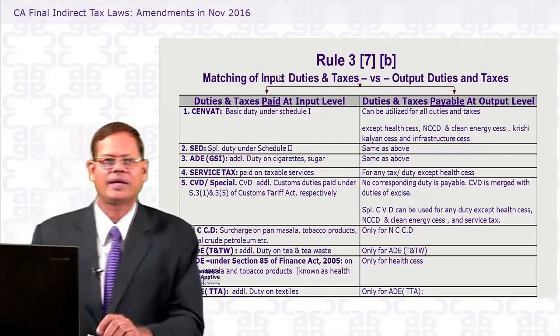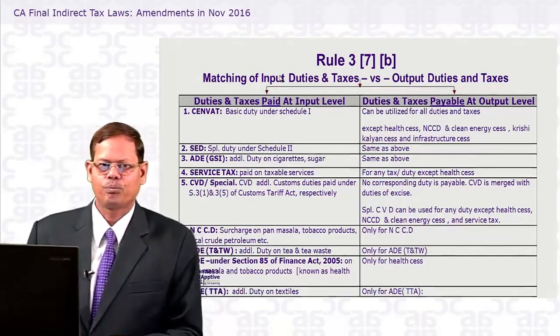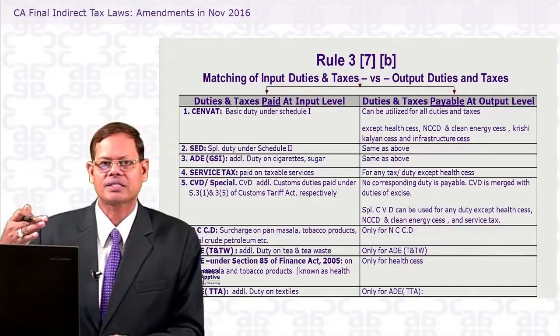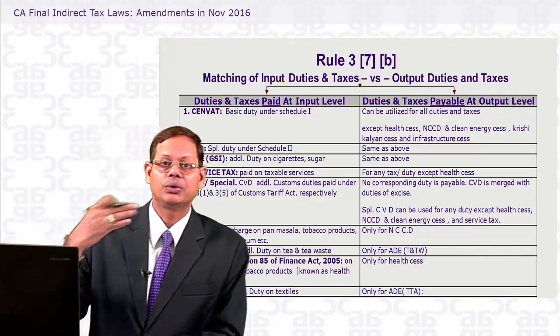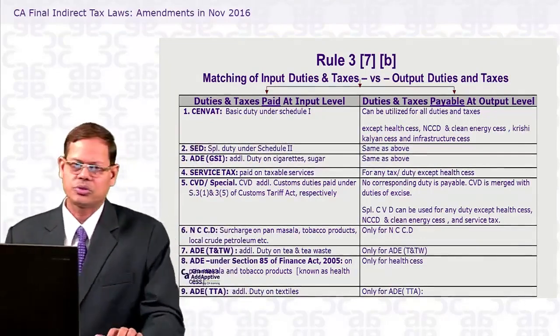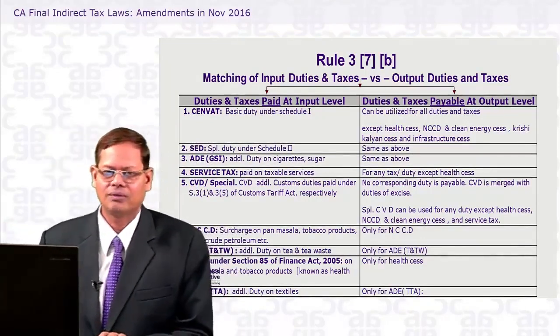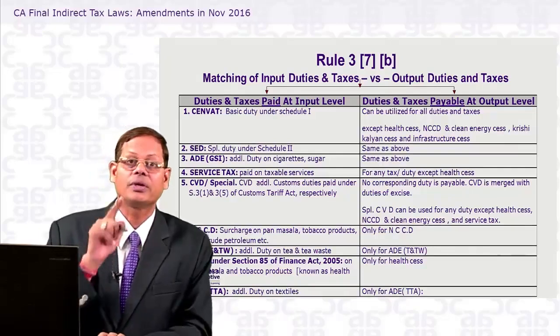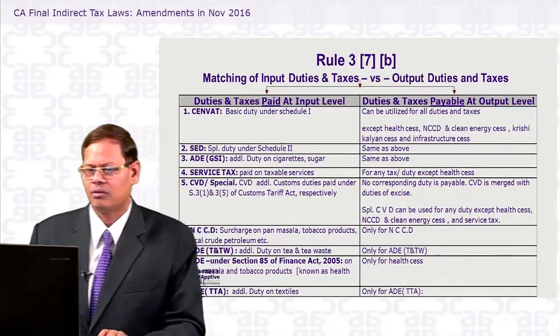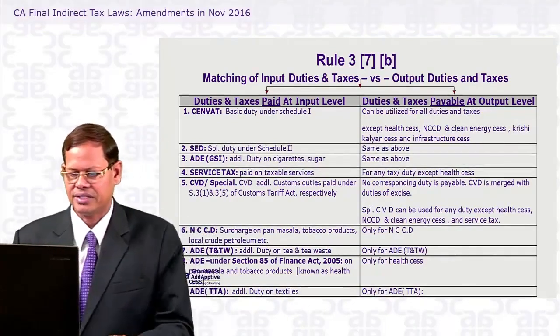These 5 put together I take as taxes which can be used for any tax or duty payable at the output level on the right side. So for them the 1-to-1 correlation principle need not be followed. That has been written on the right hand side.